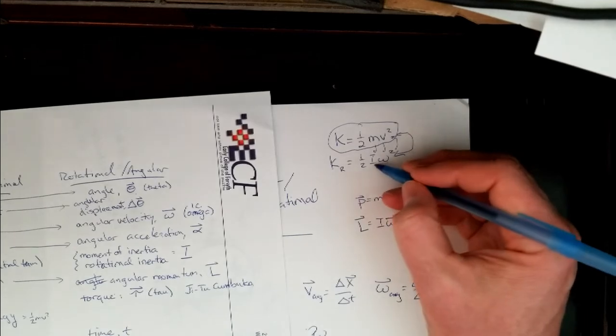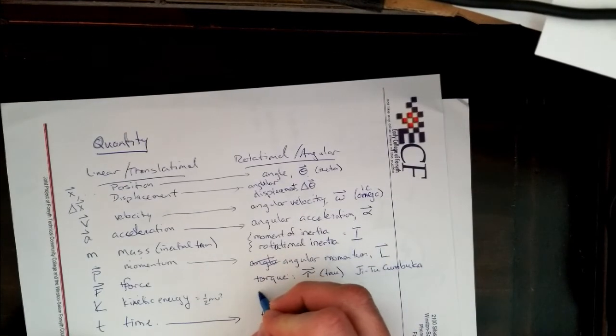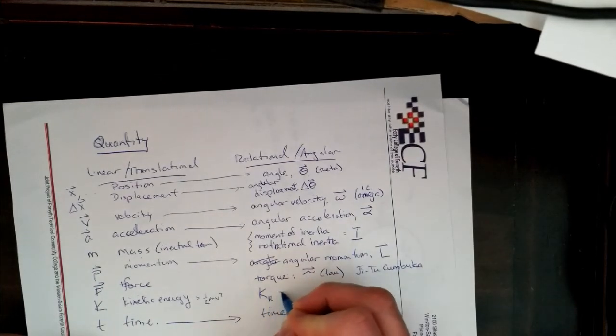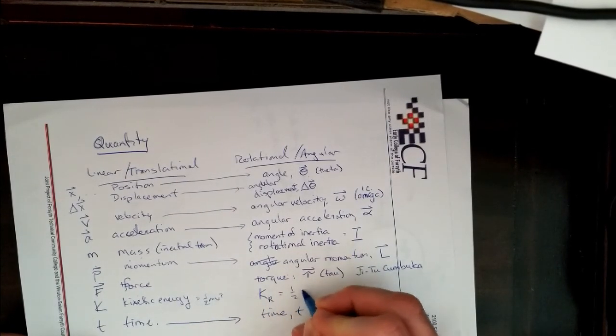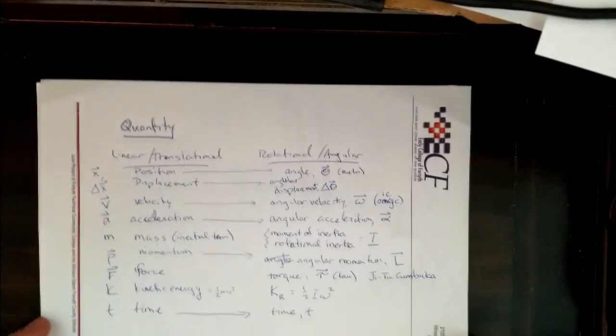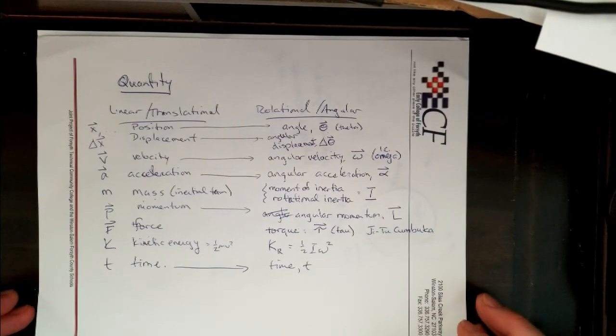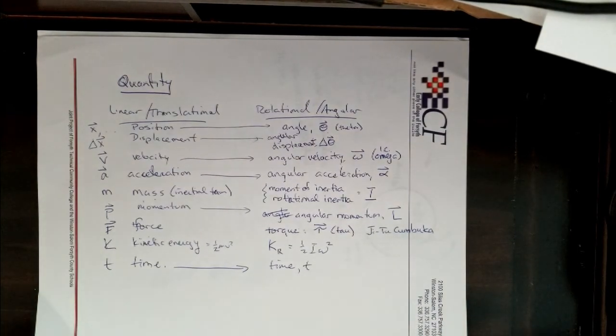In doing so, I will define what moment of inertia is. So this is rotational kinetic energy, 1/2 I omega squared. And those are the basics right there. We will now work through a couple of basic problems and then eventually get to the good stuff.